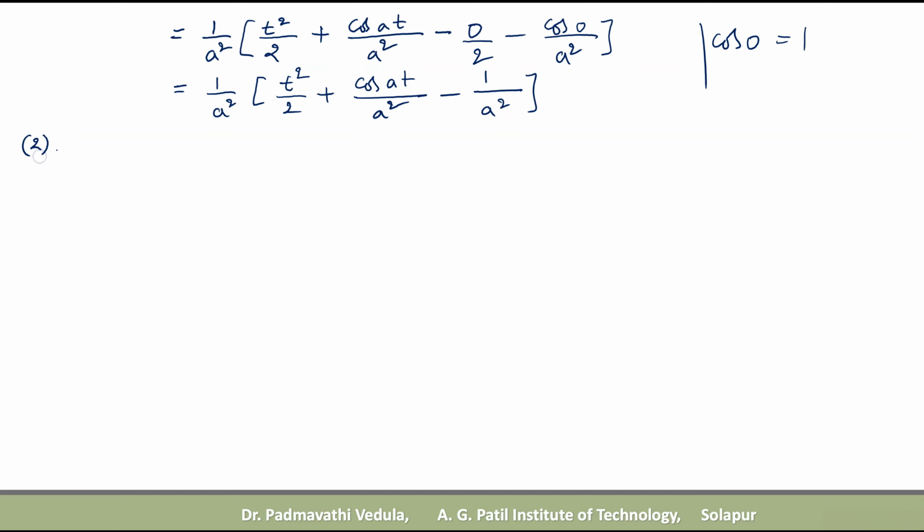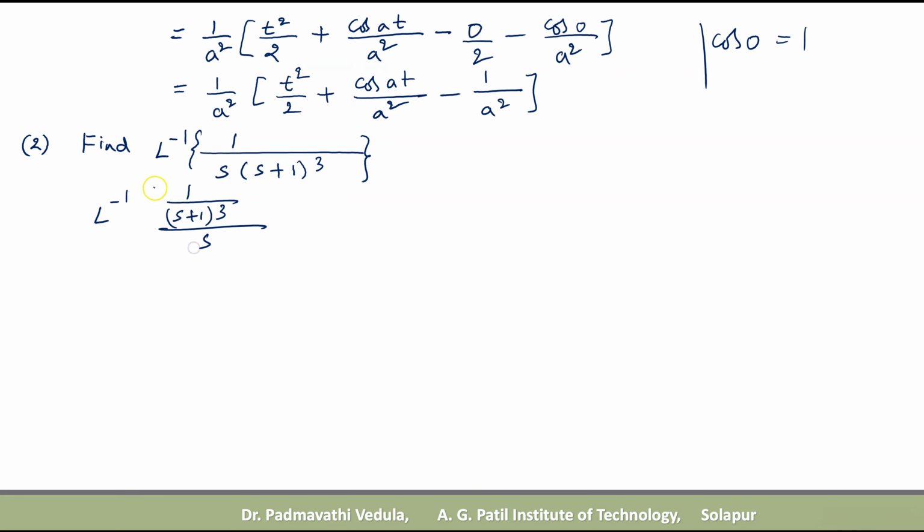Now let us see the next question. Find L inverse of 1 by s into s plus 1 whole cube. So you can write it as L inverse of 1 by s plus 1 whole cube upon s.